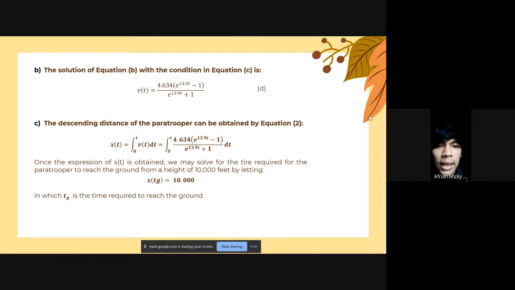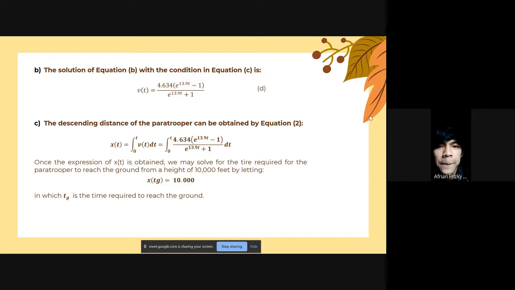Once the expression of x(t) is obtained, we may solve for the time required for the paratrooper to reach the ground from a height of 10,000 feet by letting x(tg) equal 10,000, in which tg is the time required to reach the ground.